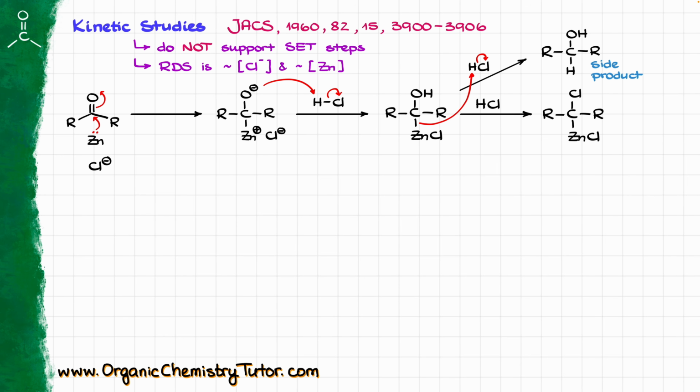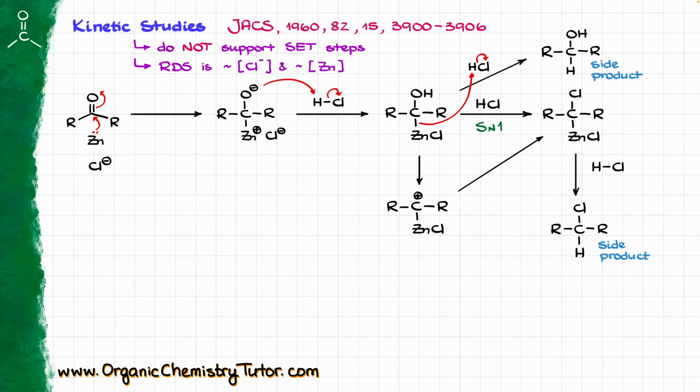The other reaction with HCl is going to proceed via the SN1 style, where we are going to protonate the OH, it goes away, making the following carbocation, and then from there we are going to get the following chloride. That chloride is also quite significant because that guy also gives us the side product via the same style of reaction where we get the alcohols from.